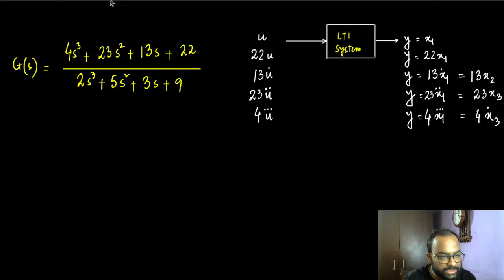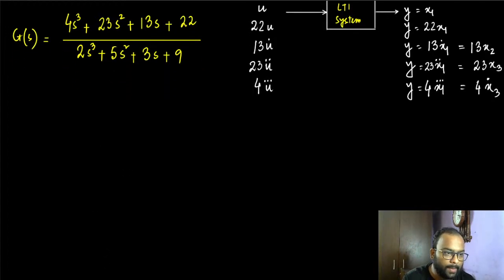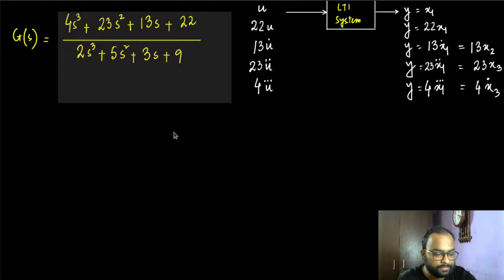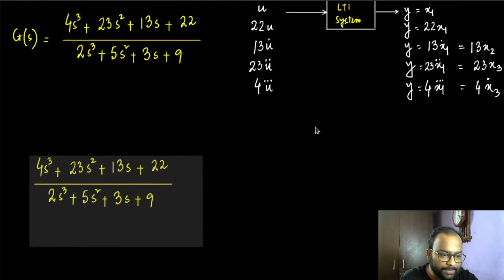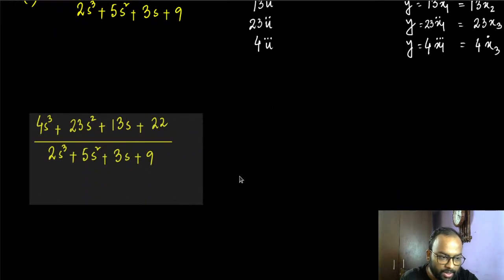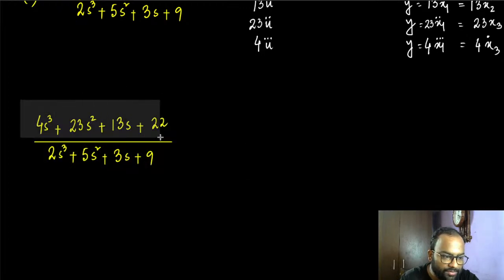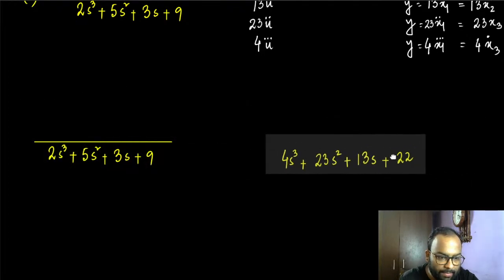Now, what kind of modification do we need? We need to express this using an idea that would help us convert the numerator so that its order is lower than the order of the denominator. What am I talking about? I'm talking about this. We can take this and do some sort of a long division on this. Let me explain what I mean.